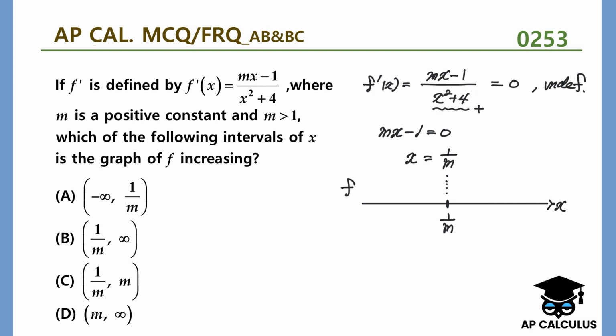So let's test the sign of f prime. Remember, m is a positive constant and m is greater than 1, right? So 1 over m is a positive number, greater than 0, but since m is greater than 1, it is less than 1.